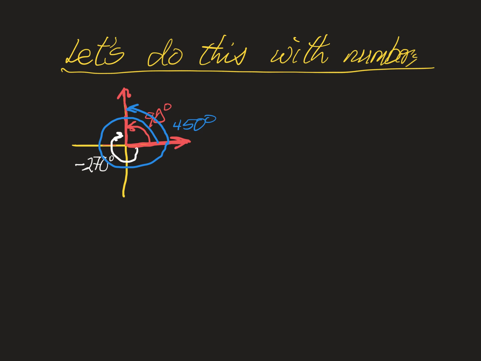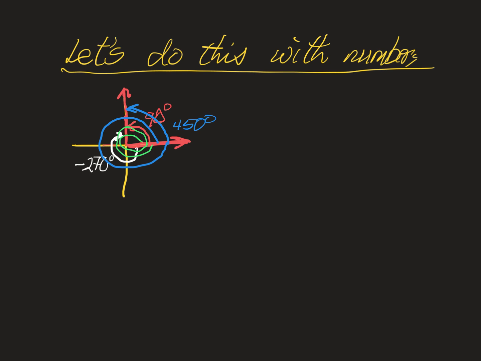So what happens here is we can start to see a little bit of a pattern. If I do the next one, and I do 2 rotations, well, 2 rotations is 360 twice.